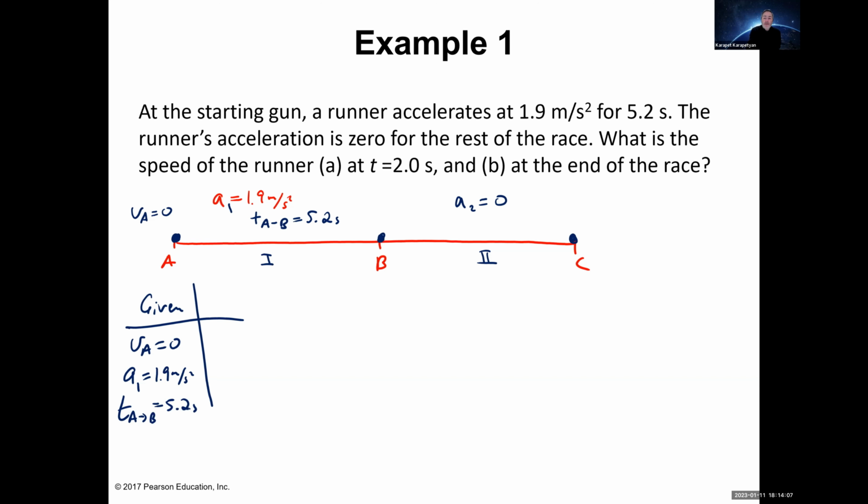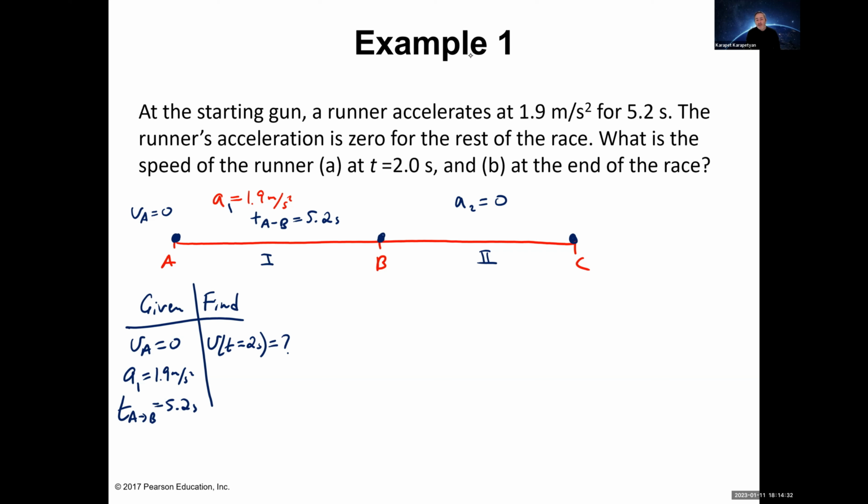All right, so there's no other information given to you at this point. But what you're asked to find is the speed, basically velocity, when time is equal to 2 seconds. So we want to calculate velocity when time is equal to 2 seconds. Now, what do you guys think?